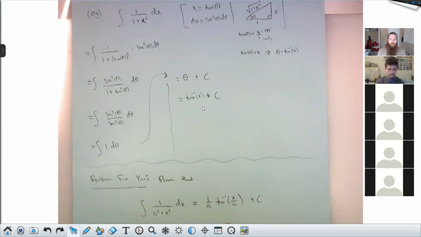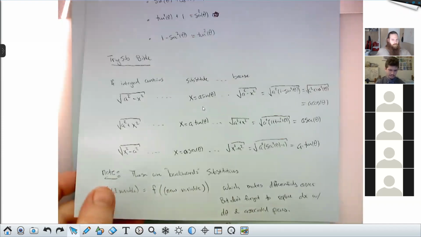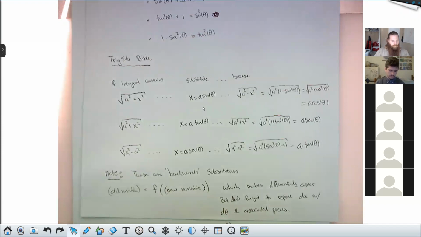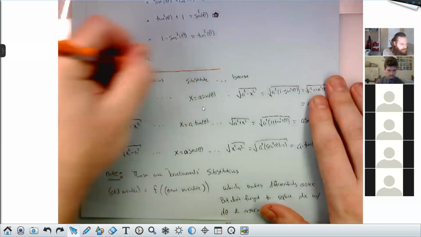So that was the thing we started with. If your integral contains one of these things, make this substitution. So I can bring that back.